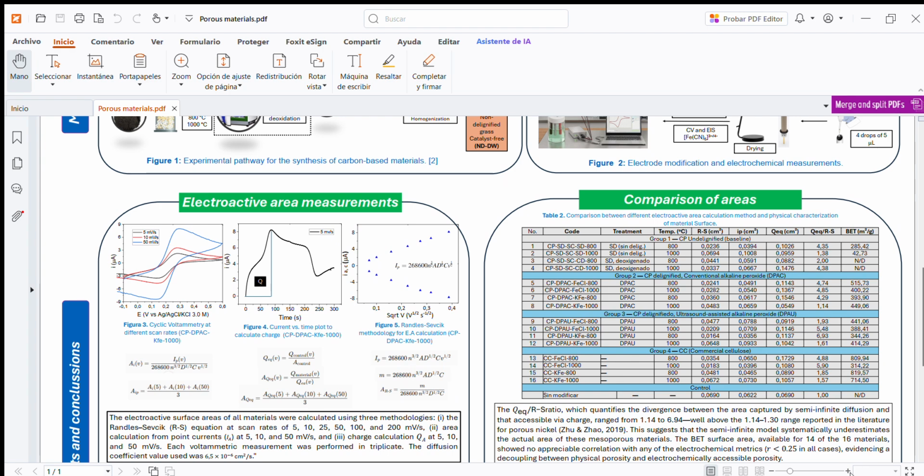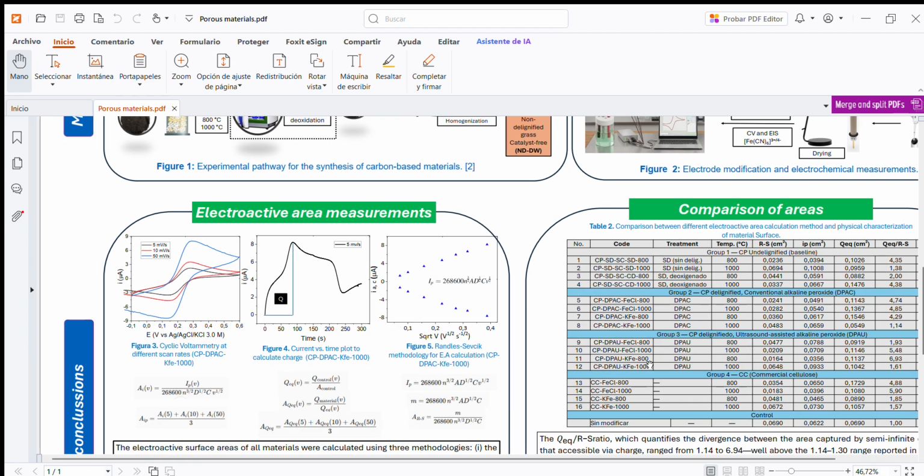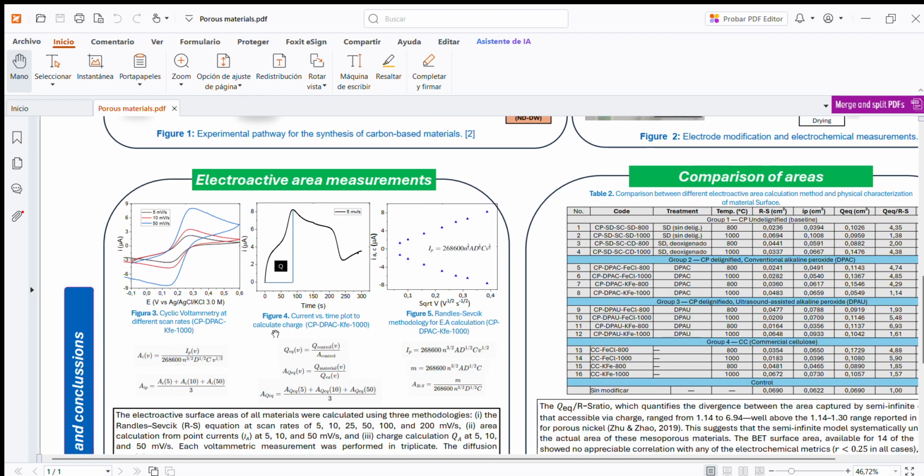Here we can see the equation that models this method.